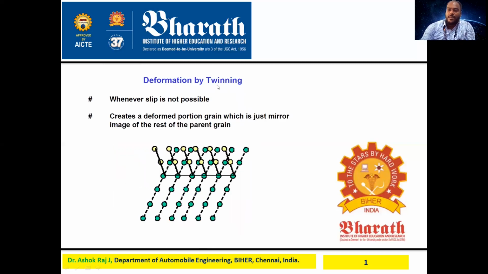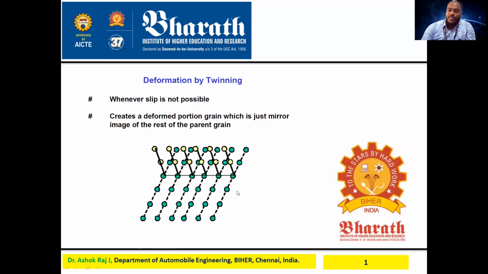Deformation twinning: whenever slip is not possible, twinning will take place and create a deformed portion of the grain which is just a mirror image of the rest of the parallel grain. You can see that generally only these parallel lines are there.